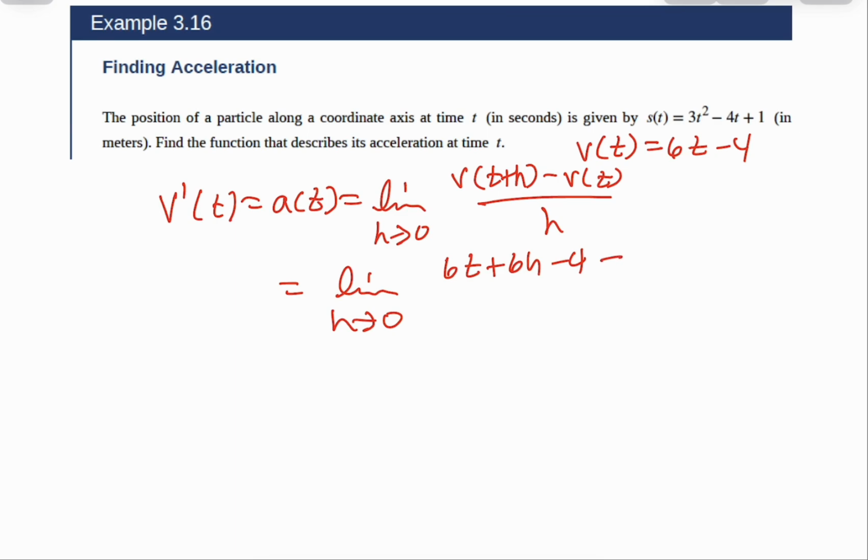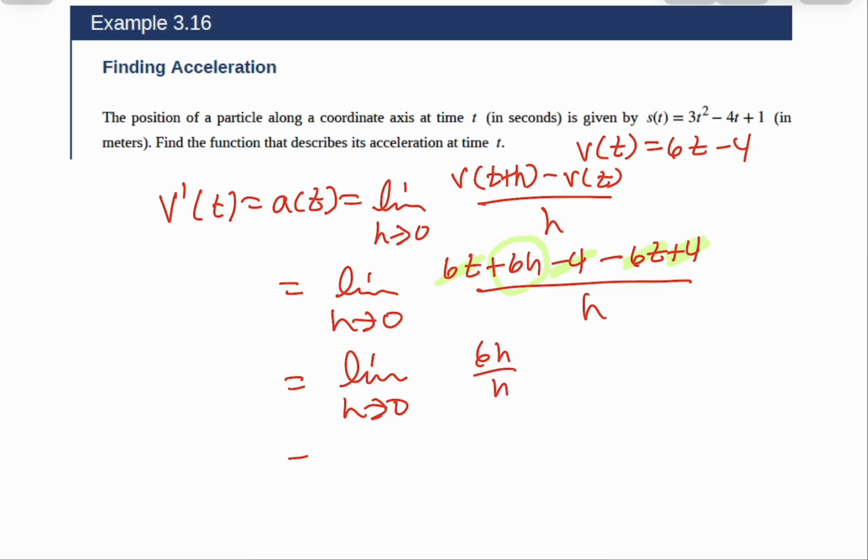And then minus our original function, we would minus both pieces, so change both pieces' signs. And the t's go away. The 4's go away. We should only be left with something with an h in it so that we can divide off the h. And the limit as h approaches 0 of the constant 6 is 6.